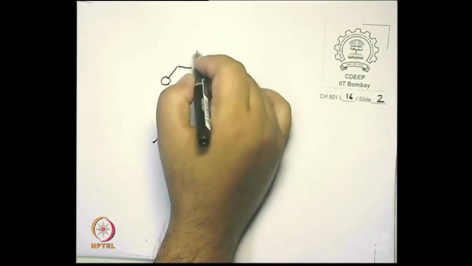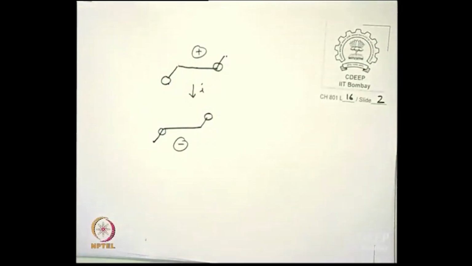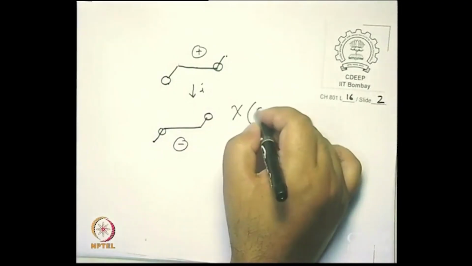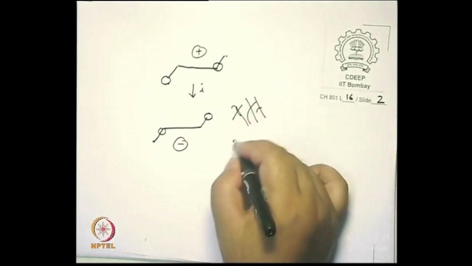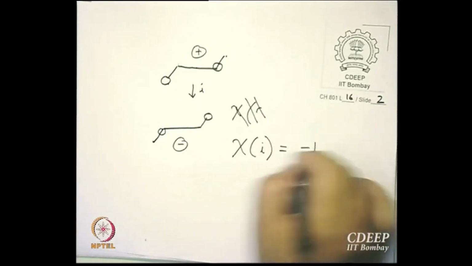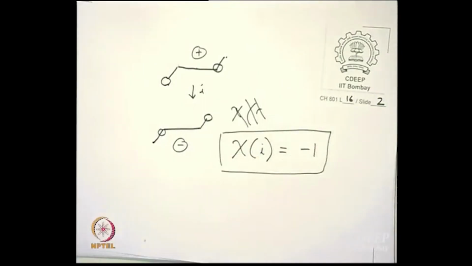Right? But then this is plus and this is minus. This is a plus phase of vibration, this is minus phase of vibration. So therefore, I get chi of H, chi of I to be equal to -1. All right.